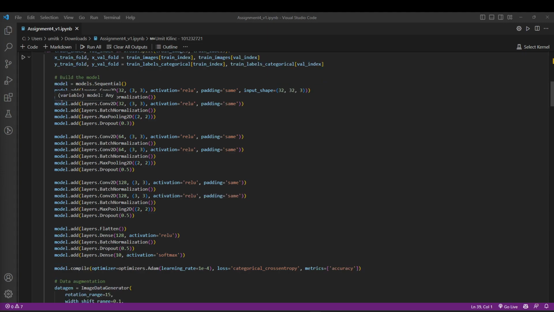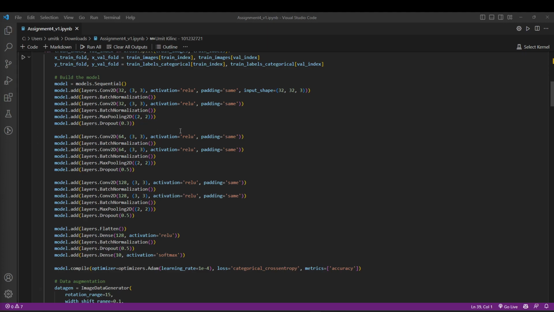It has three convolutional blocks, followed by a fully connected layer and a final output layer with 10 nodes, one for each class. The model uses batch normalization and dropout layers to improve generalization.